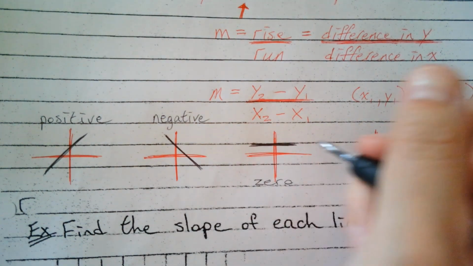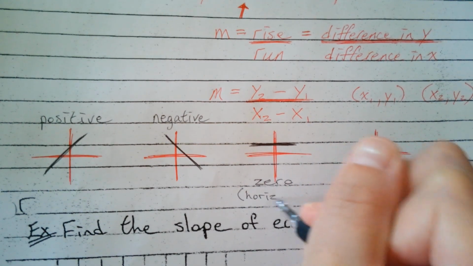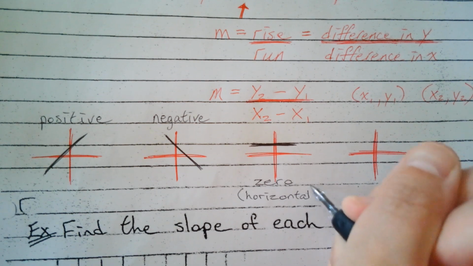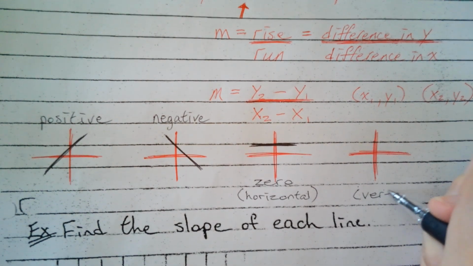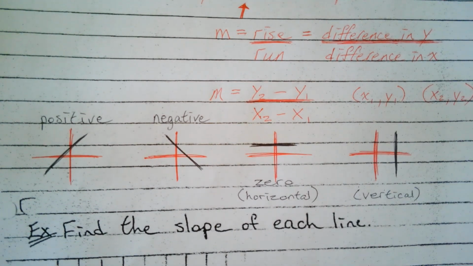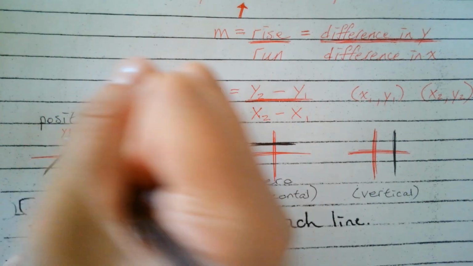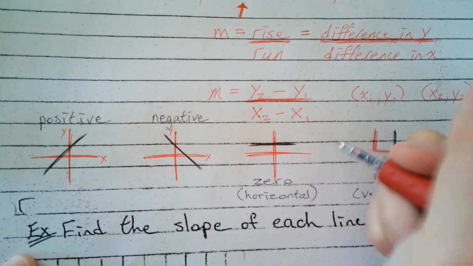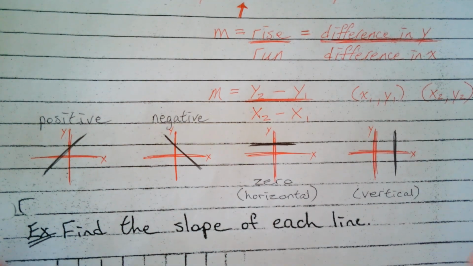Just in terms of the terminology, horizontal means across, like this way. And vertical means this way. So these are your x and y axes, so that you can see where the lines are.